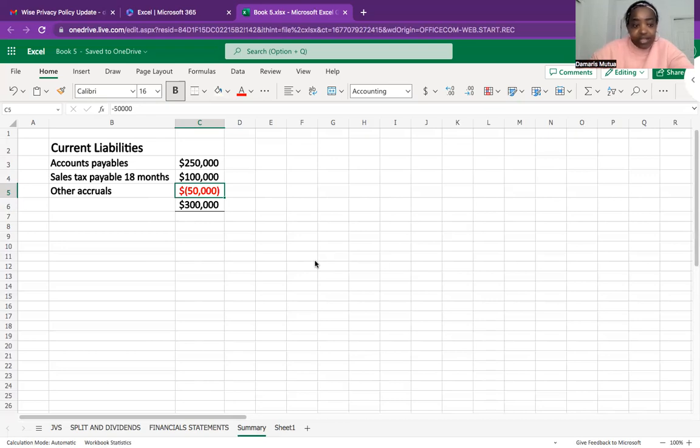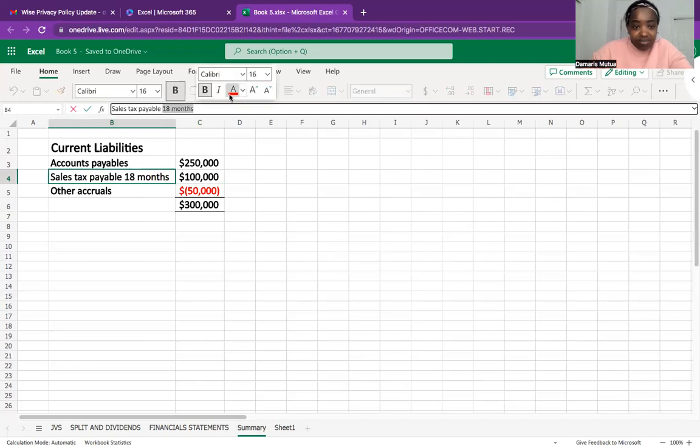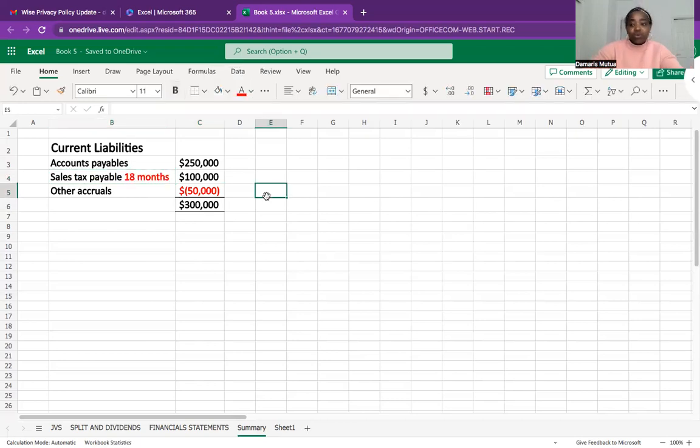Another mistake is misclassification of liabilities. For example, we have a sales tax that is due within 18 months. We know current liabilities are obligations we need to pay within the next operating cycle, which is either the next one year or the next operating cycle, whichever is longer. So this is more than a year, so this is not a current liability.